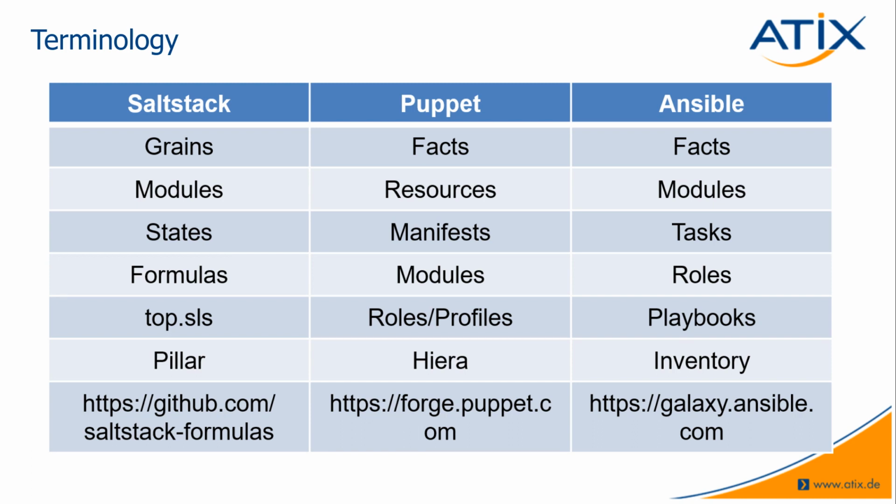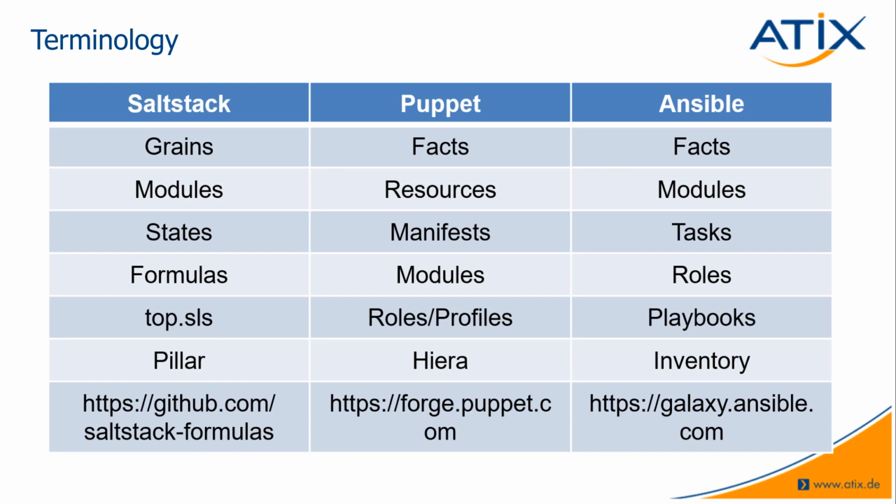There you can assign different environments and tell the server which states, with which formulas and which configurations, should be applied. In the end, you can also provide some information, variables, and so on. In SaltStack, you do that with the so-called pillar, which in Puppet corresponds to Hiera data, and in Ansible to the inventory.